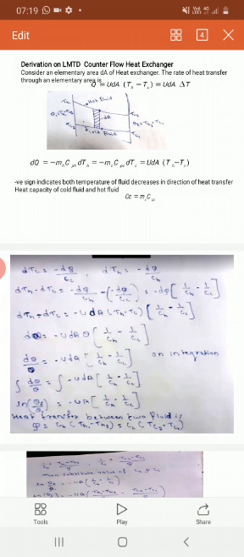We can define the heat capacity of the cold fluid as Cc = mc cpc. Similarly, the heat capacity of the hot fluid is Ch = mh cph. Therefore, we can write dTc = -dq/Cc, and dTh = -dq/Ch.